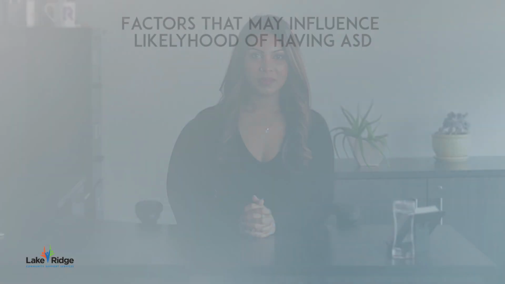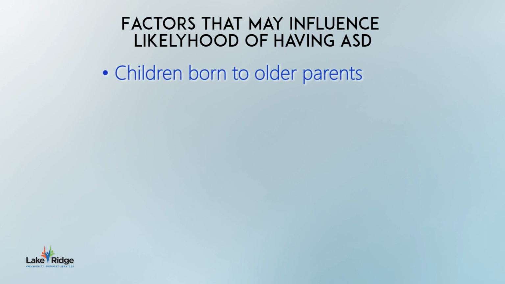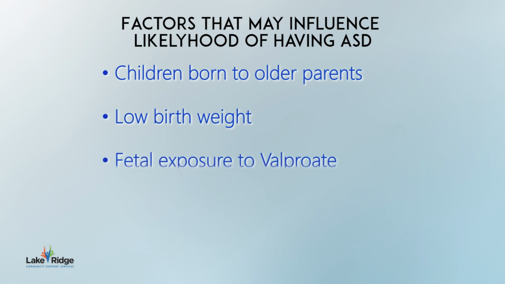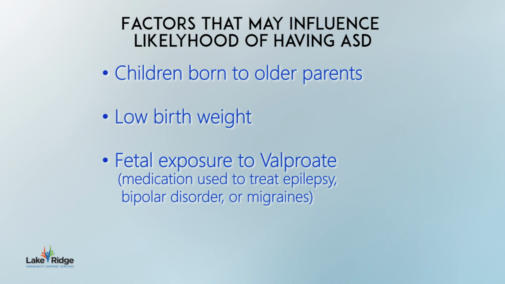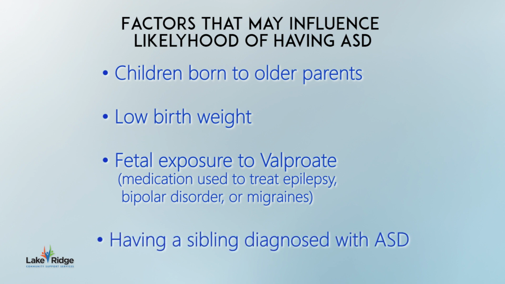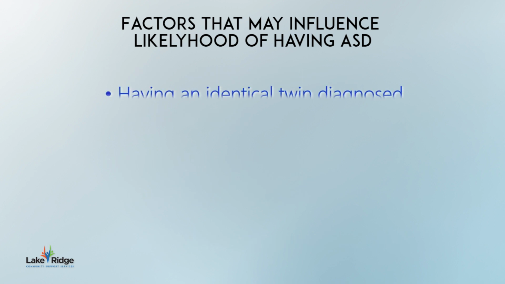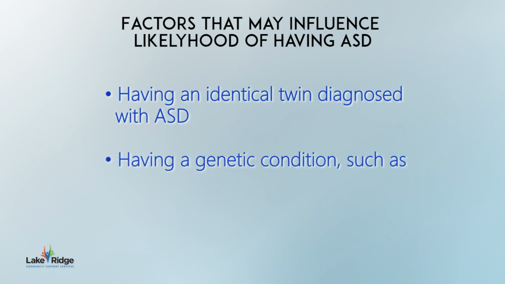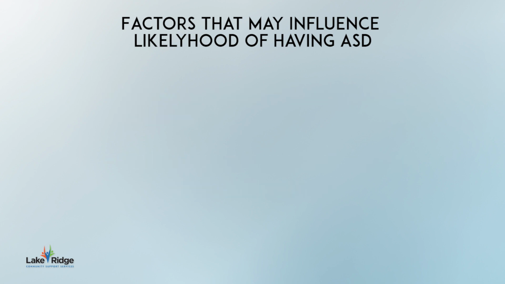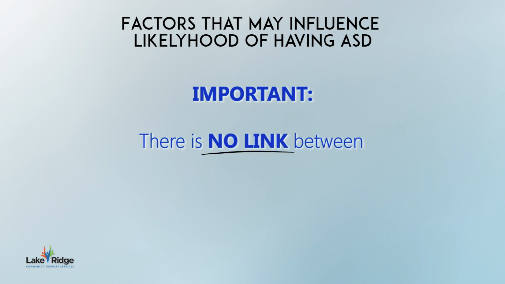These factors may include, but are not limited to, children born to older parents, low birth weight, fetal exposure to valproate, a medication used for epilepsy, bipolar disorder, or to treat migraines, having a sibling diagnosed with ASD, having an identical twin diagnosed with ASD, or having a genetic condition such as Fragile X syndrome. It's important to note that there is no link between vaccines and the development of ASD.